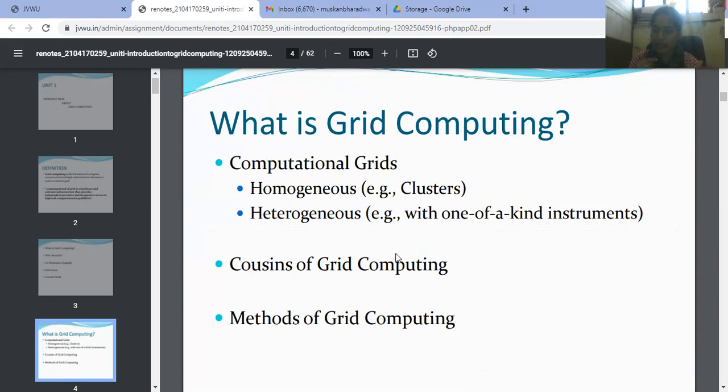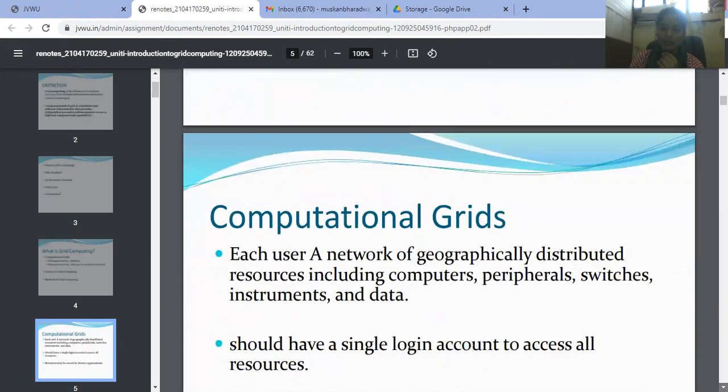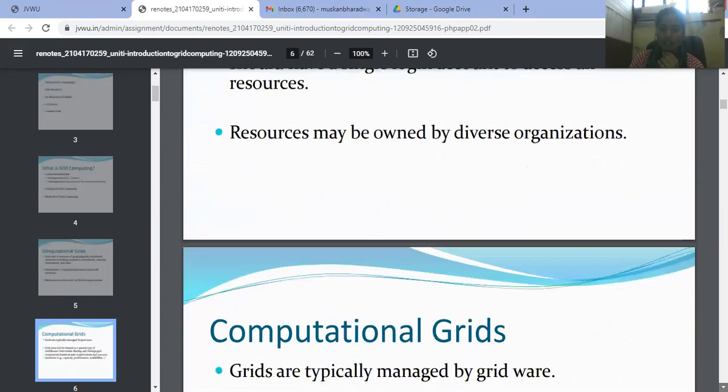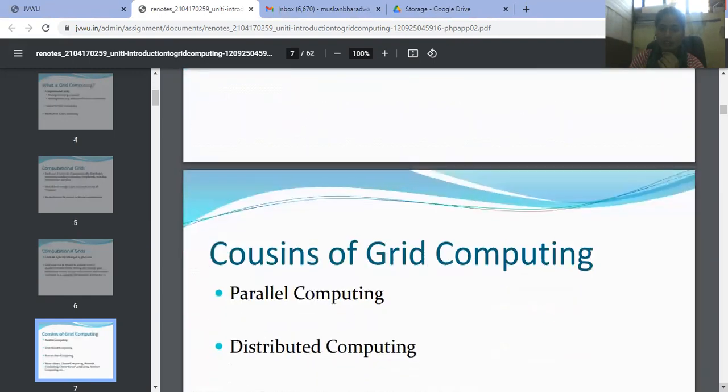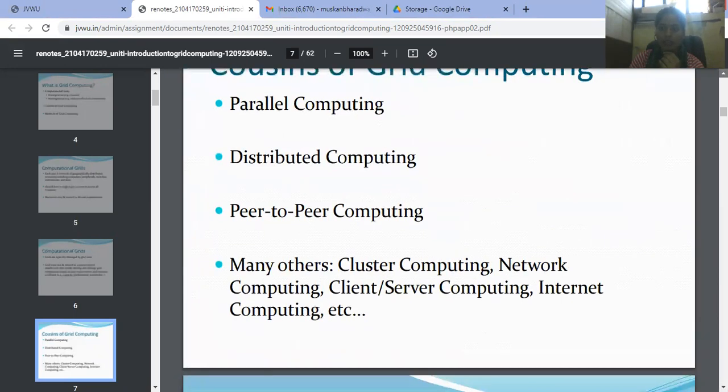In heterogeneous clusters, the elements are different from one another, geographically located in one location or one network. The preferences and methods of grid computing were already discussed using the word files.